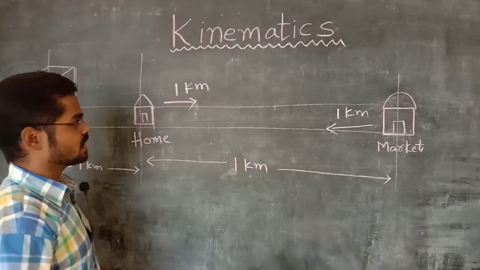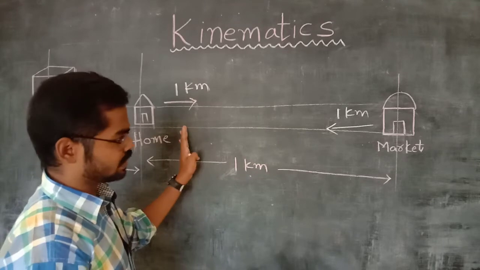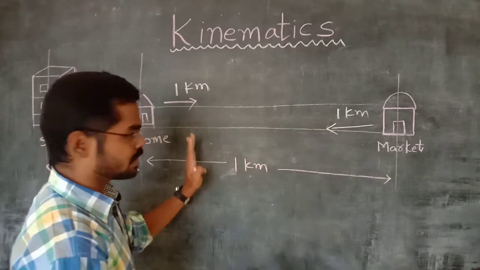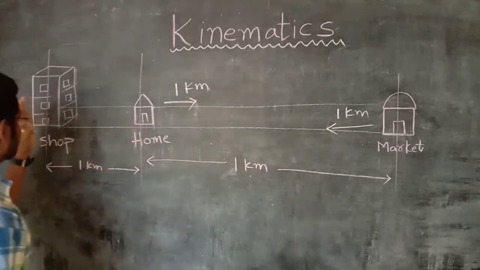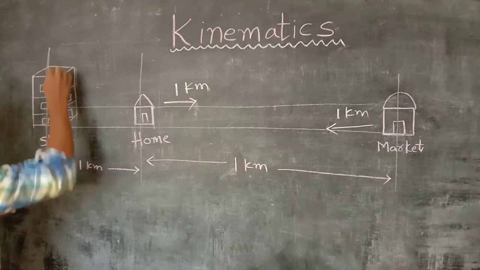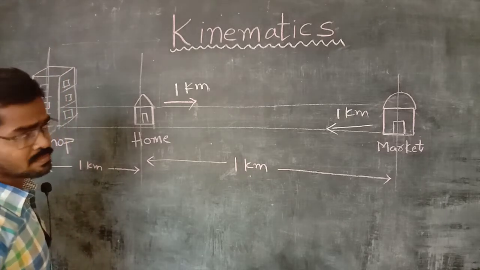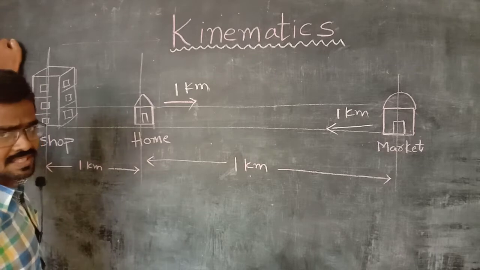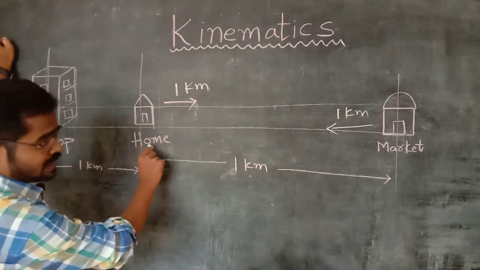So in his journey from home to market, he will cover a path length of 1 kilometer, and from market to home he will cover a path length of 1 kilometer. Now he will visit a shop. When he is visiting the shop, at this instant, what is the distance and what is the displacement? This is my question. Once again I will repeat the question. A person will start from his home and reach the market.